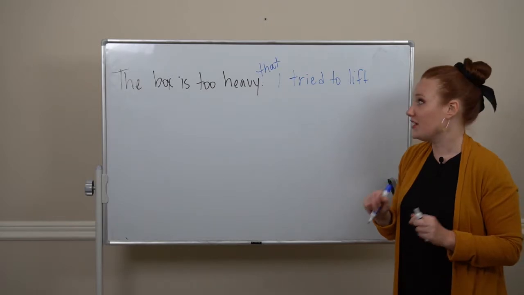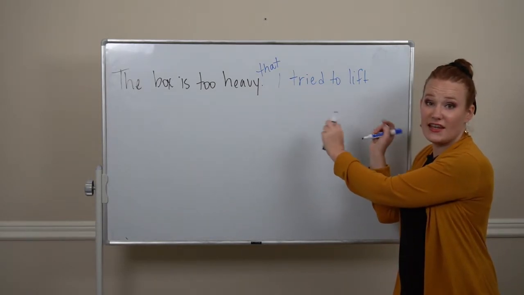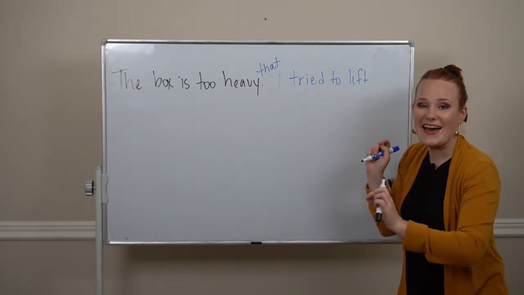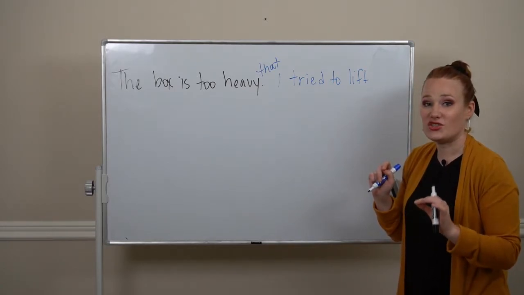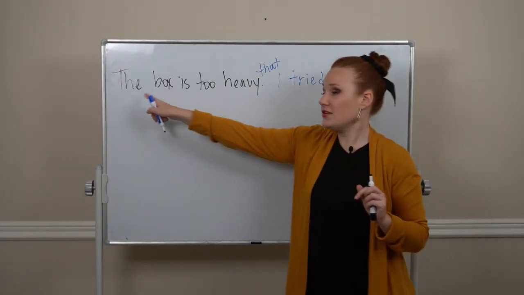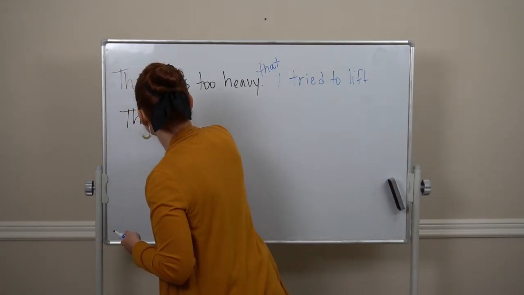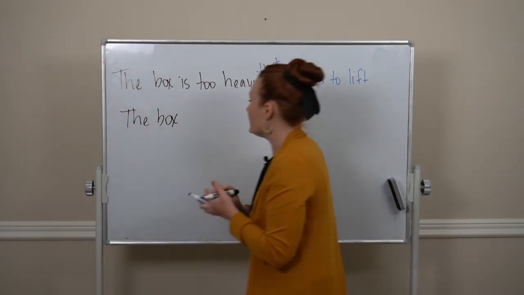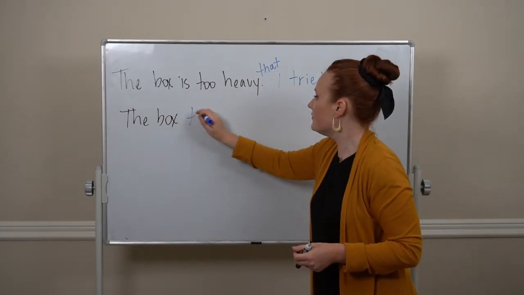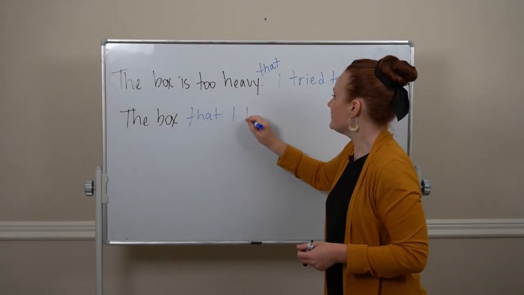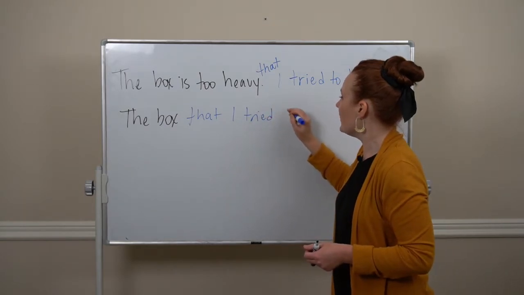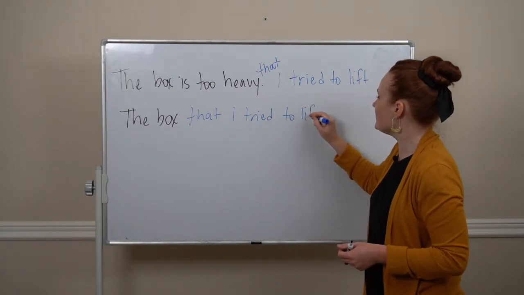Next step, we're going to take our relative clause and put it right after the noun it's describing. It's describing the box. So I'll say the box that I tried to lift.